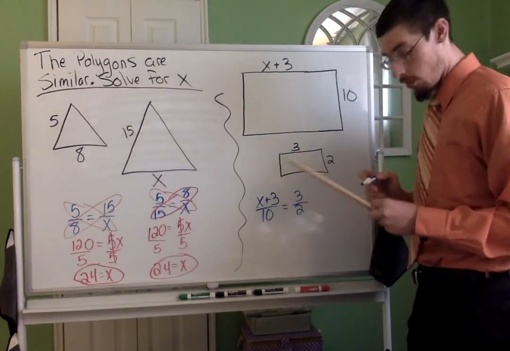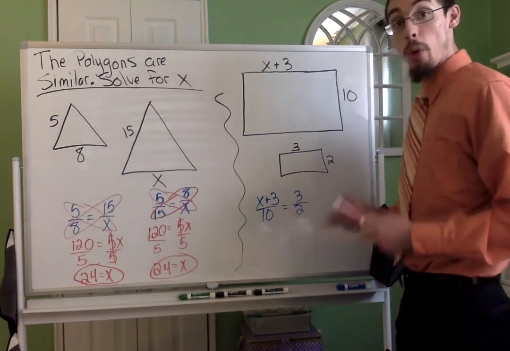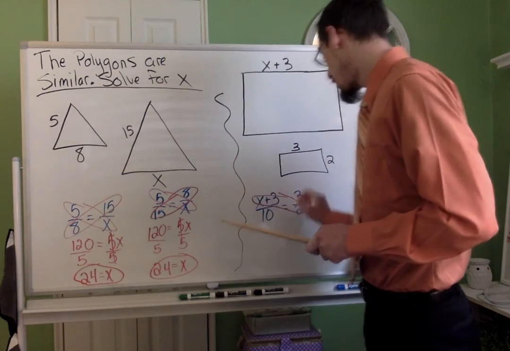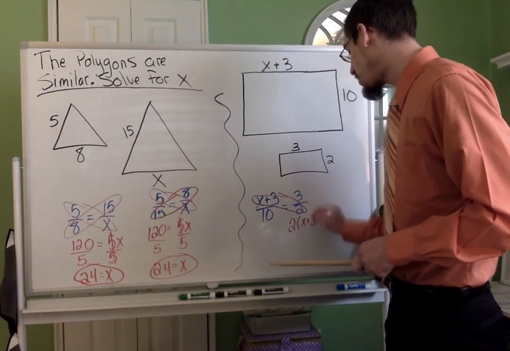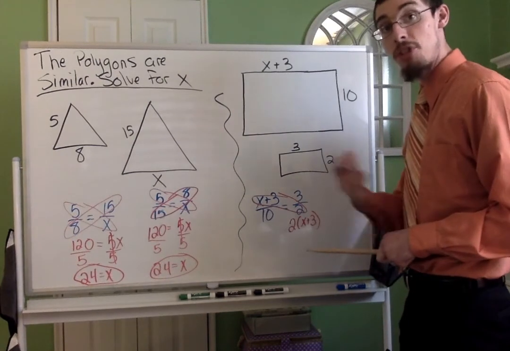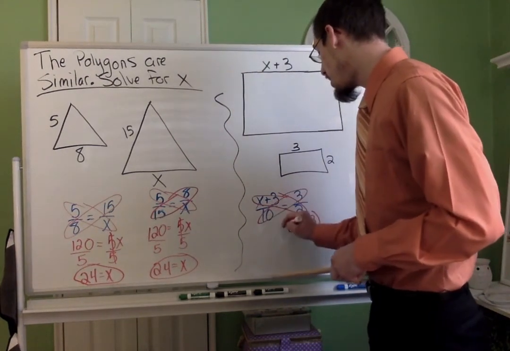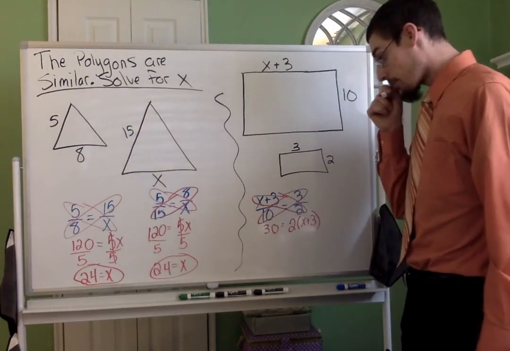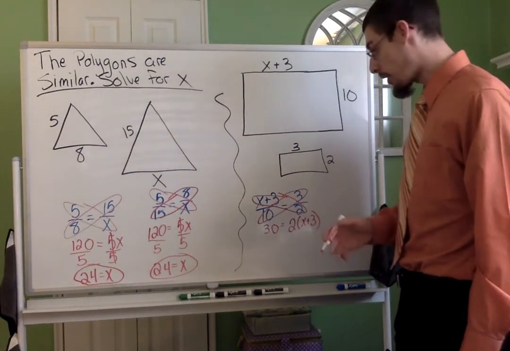Set them equal. So if I cross multiply, remember that's going to be 2 times x plus 3, which we'll have to distribute, and then 3 times 10 is 30. So I get 30 equals 2 times x plus 3.